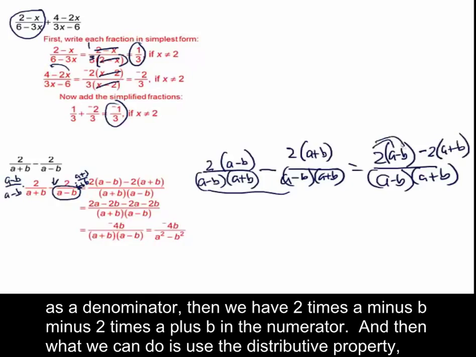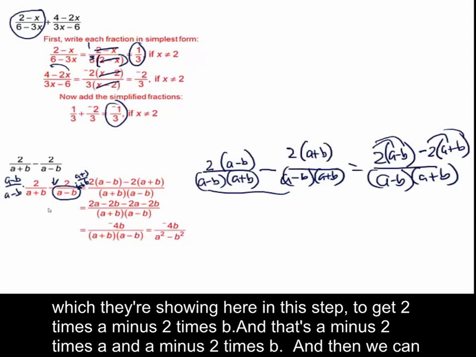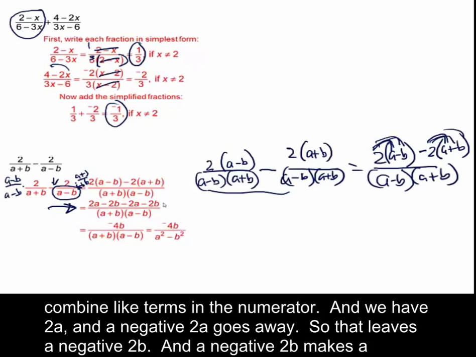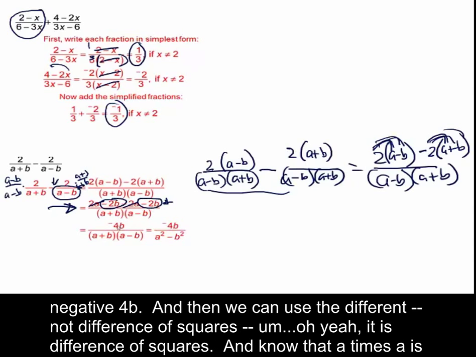Then we can use the distributive property, which they're showing here in this step, to get 2 times a minus 2 times b, and that's a minus 2 times a and a minus 2 times b. Then we can combine like terms in the numerator, and we have 2a, and a negative 2a goes away, so that leaves a negative 2b, and a negative 2b makes a negative 4b.